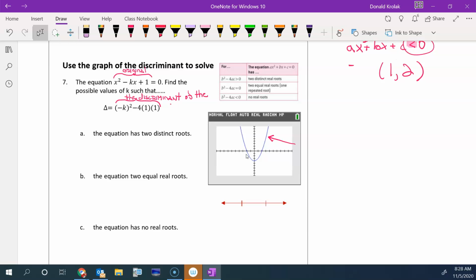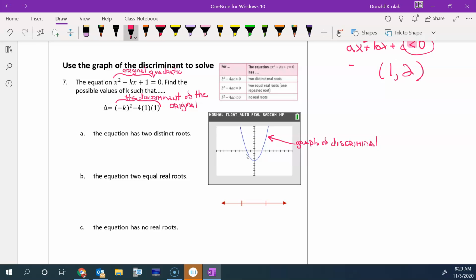The graph that you're seeing right there is the graph of the discriminant, not the original quadratic.